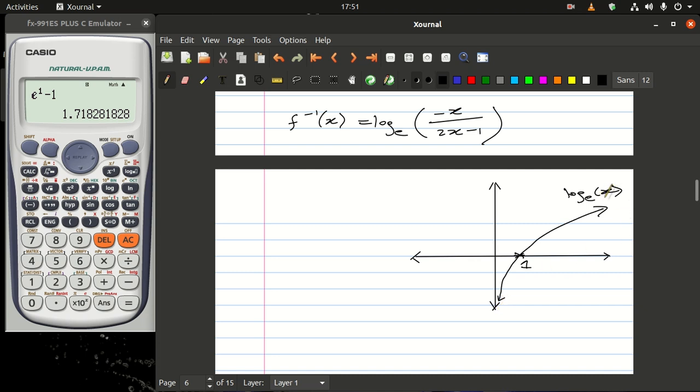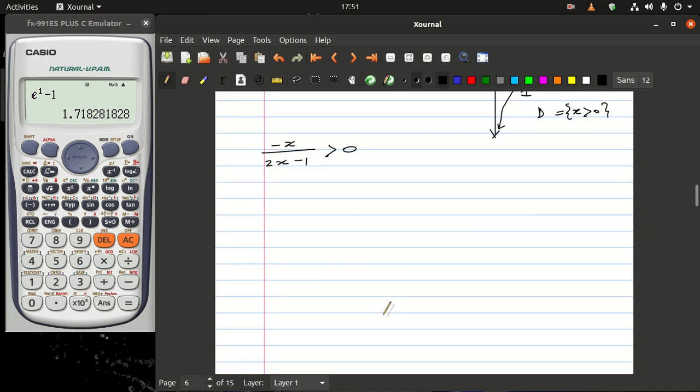It's always going to be undefined. So the domain of this basic function is always saying x must be greater than 0. What that's supposed to mean for us? It means that for this inverse function to be defined, whatever is inside here, which is minus x divided by 2x minus 1, must be greater than 0.